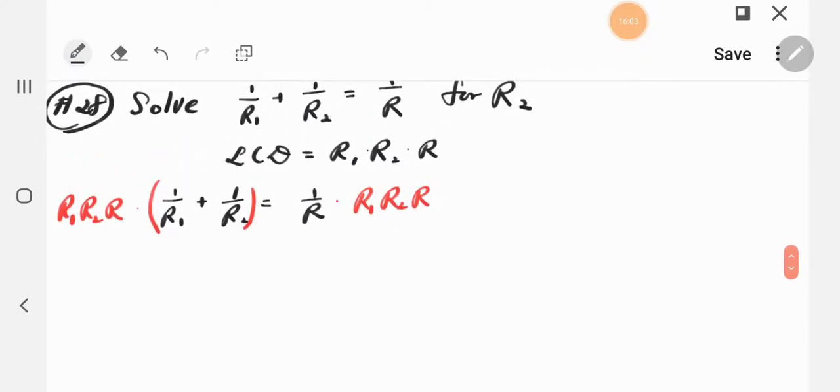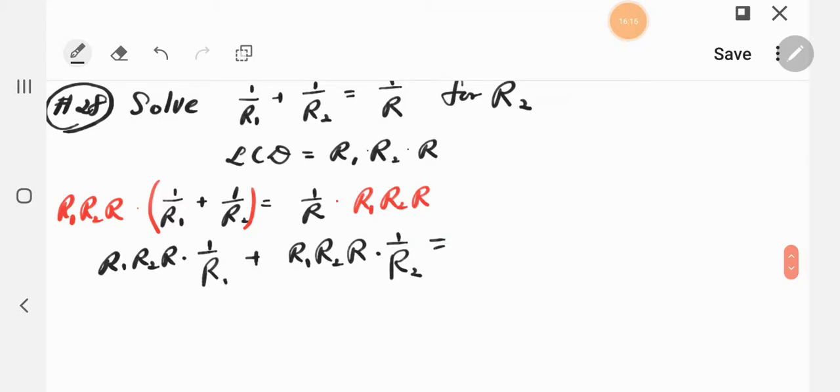And then distribute, so R1, R2, R times 1 over R1 plus R1, R2, R times 1 over R2 is equal to R1, R2, R over R.